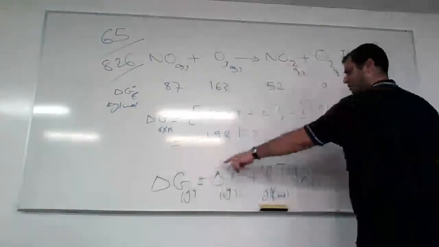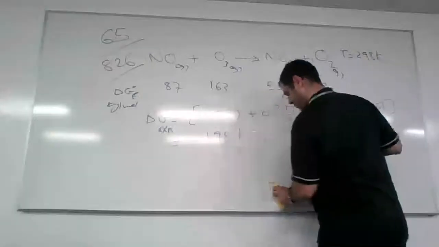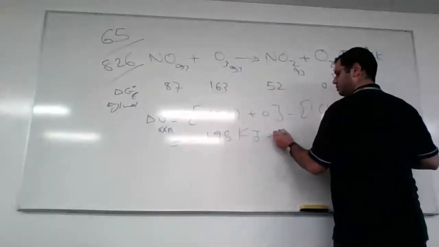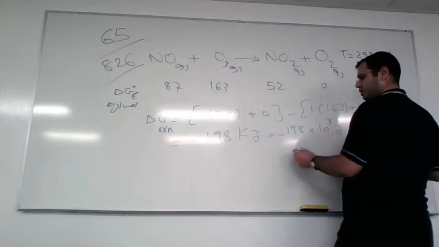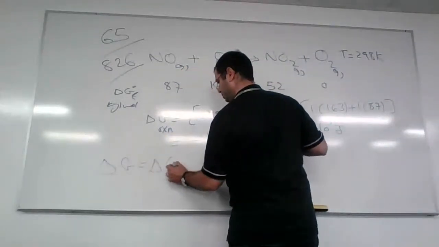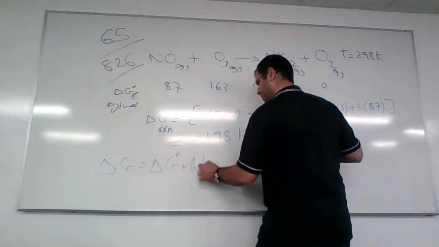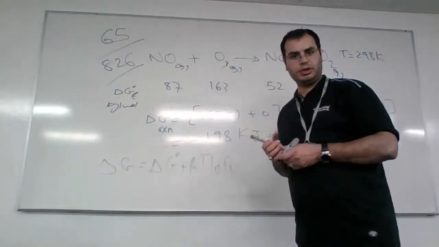Now all that you have to do is apply. I need it in joule. It's minus 198 times 10 to the power 3 joules. So delta G is equal to what? Delta G naught plus RT ln Q. Are we okay?